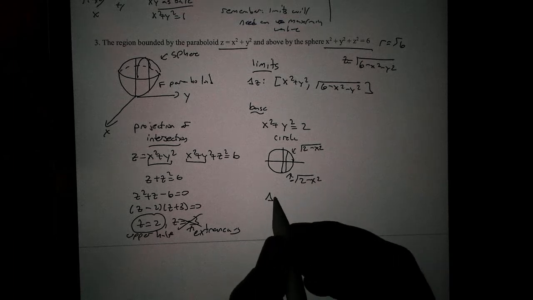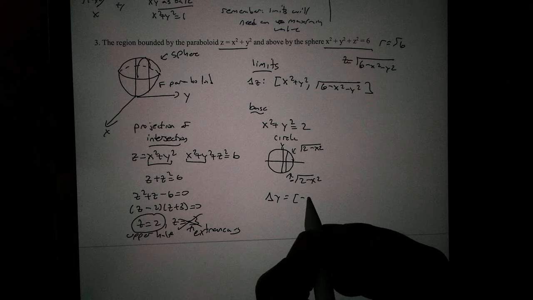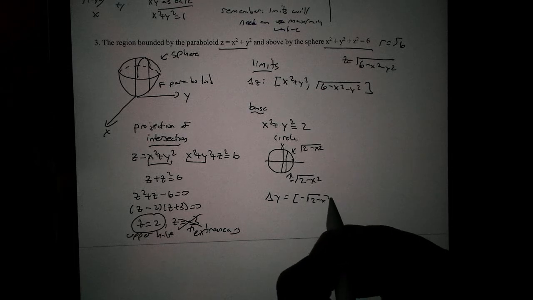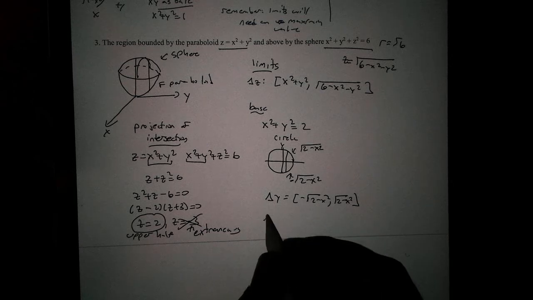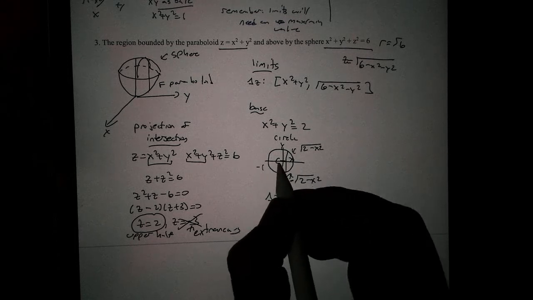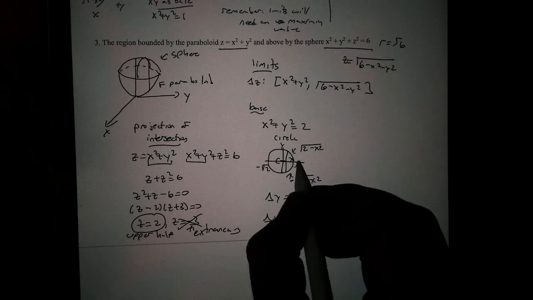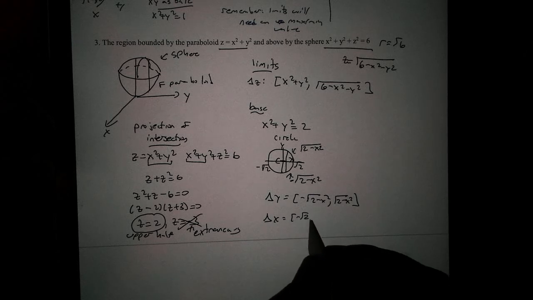So my change in y goes from negative root 2 minus x squared to positive root 2 minus x squared. My change in x moves from left to right, from negative root 2 to positive root 2, because of the radius of my circle.